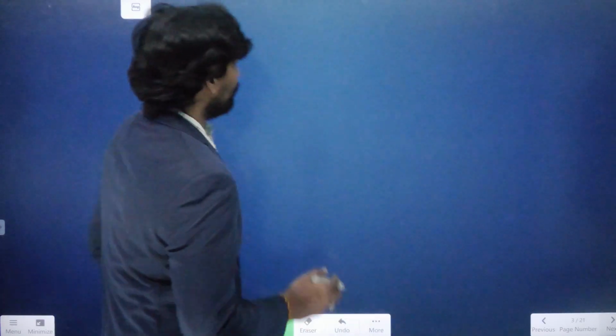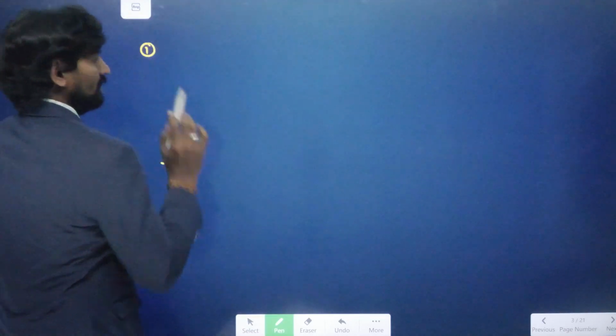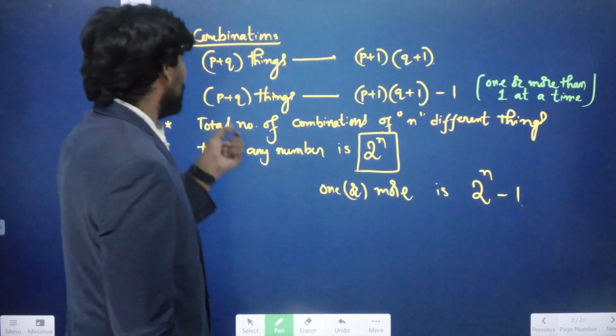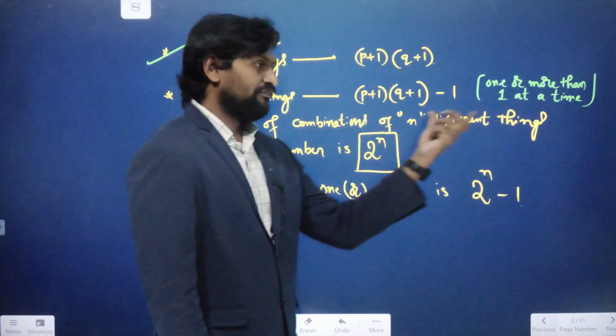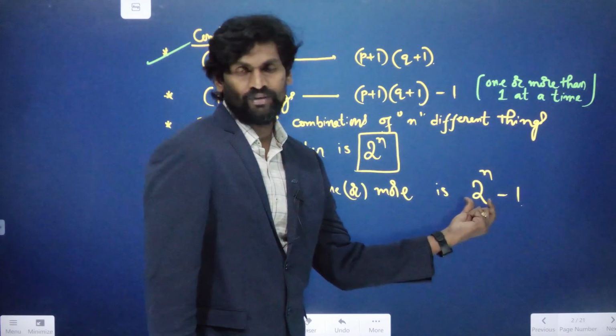The first one is the number of ways in which a man can invite one or more of his friends. A man is going to invite n friends, one or more at a time. See here, the total number of combinations of n different things, one or more at a time, is 2 power n minus 1.